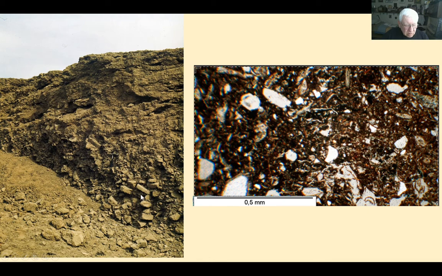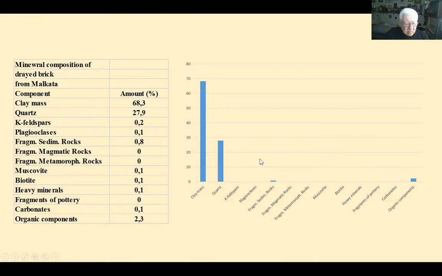Pieces were taken for microscopic analysis. The material looks like this: clay mass with organic substance, quartz grains, some flakes of muscovite and others, some traces of heavy minerals from the East Desert, and the mineral composition looks like this.